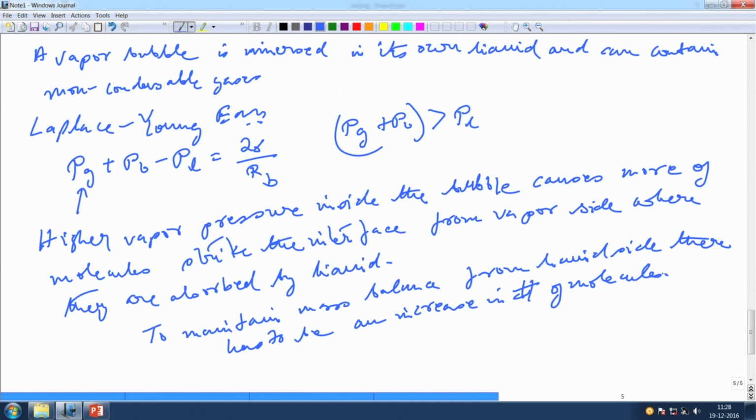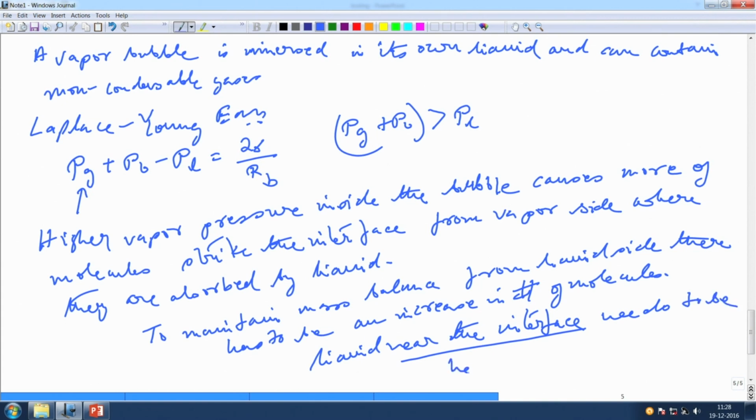So, this leads to one thing: the liquid near the interface needs to be superheated above the saturation temperature. Remember, near the interface, mark the words, it needs to be heated above the saturation temperature. Got it?